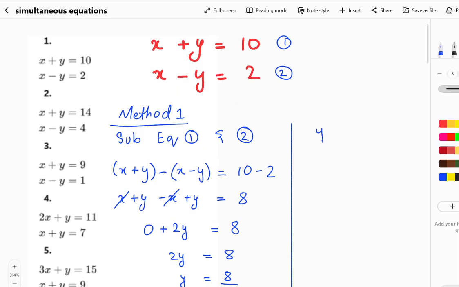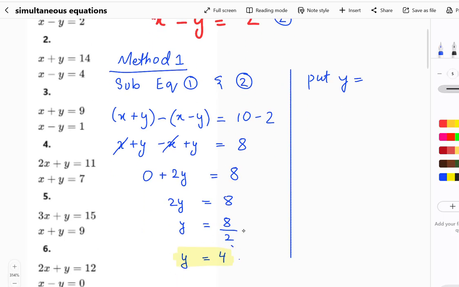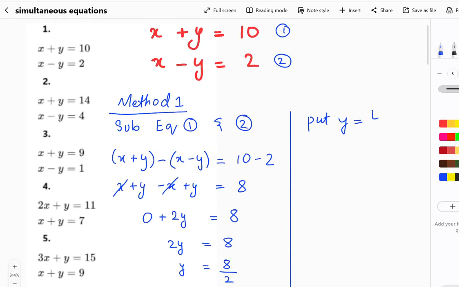So you're going to put y equals 4 in, I'm just going to write it in equation 1. So the equation was x plus y equals 10. I'm substituting y with a 4. So this is how we write it now. Instead of writing y, I'm writing 4.